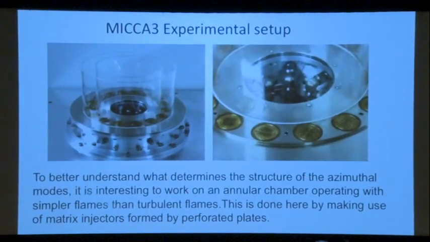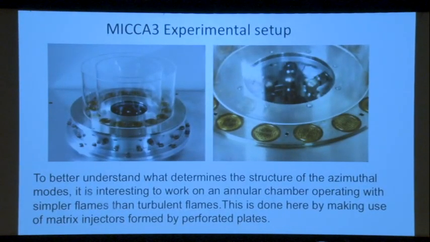The idea was now to use these matrix injectors instead of the swirling injectors. It's interesting to use these matrices because they produce laminar flames. So you simplify the problem.